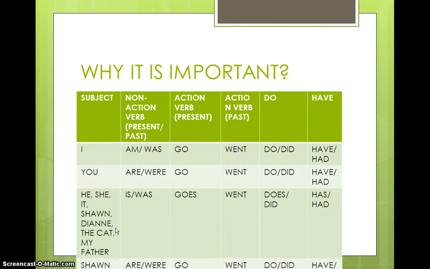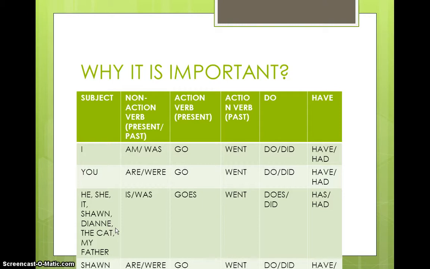Okay, let's say if you have more than one subject, Sean and Diane, the cats, my teachers, so what you're going to do is you're going to use are for non-action verb present and were if it happens in the past. Now for action verb present, if you have more than one subject, you use go.